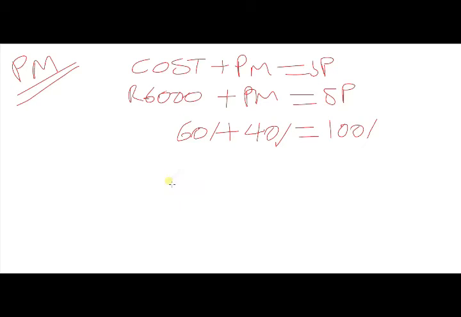So we take 6,000 and we multiply it by the percentage value of the profit margin divided by the percentage value of the cost, and we get 4,000.